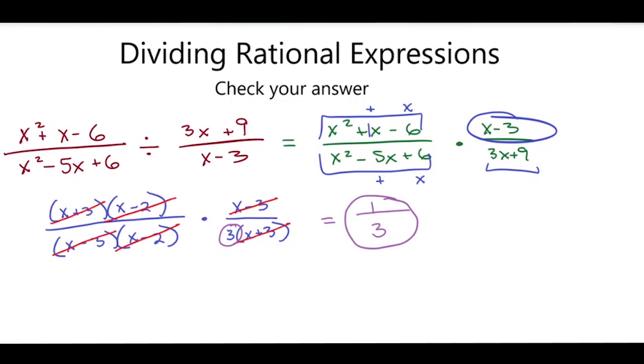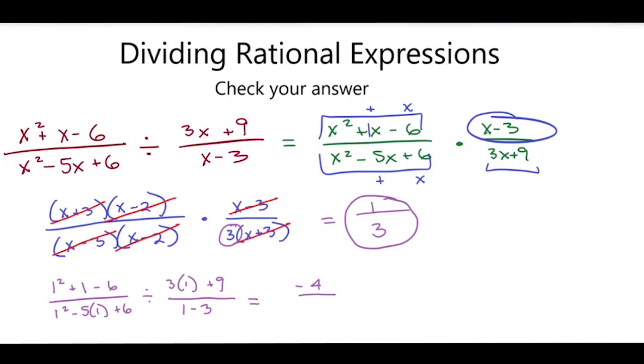So in our original problem, that will look like this. 1 squared plus 1 minus 6 over 1 squared minus 5 times 1 plus 6 divided by 3 times 1 plus 9 over 1 minus 3. Well, if we simplify all that before we divide, 1 squared is 1, plus 1 is 2, 2 minus 6 is -4.